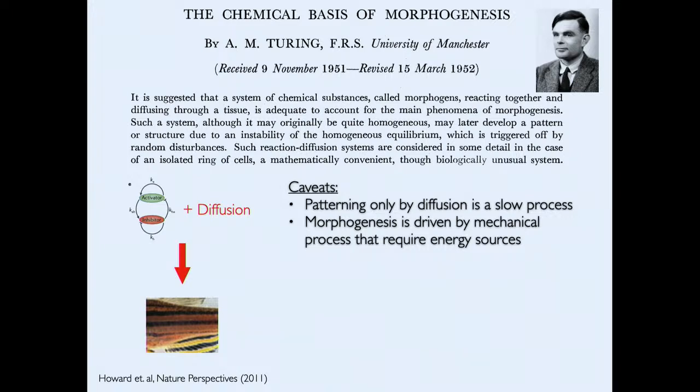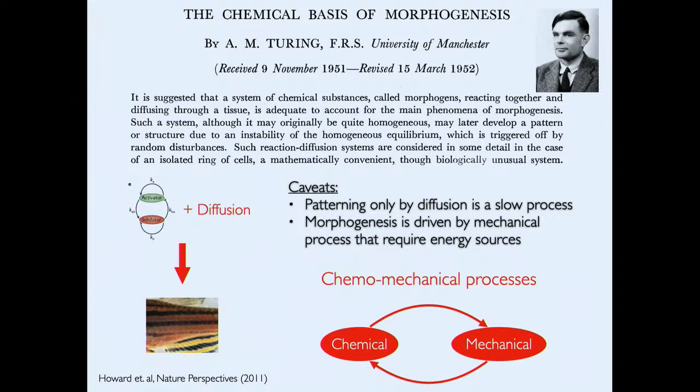There are mechanical force generators inside the cells and tissues which actually speed up the process of redistributing these proteins. These are chemomechanical or mechanochemical processes. In other words, you have chemical processes which generate forces, and these forces drive transport or flow, and that can redistribute the chemicals.